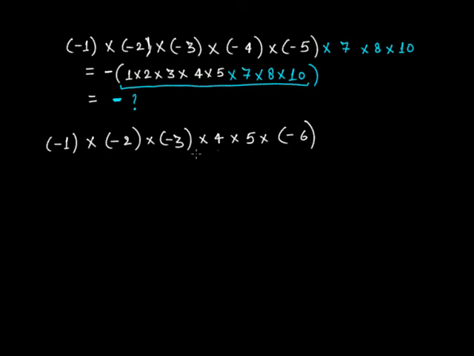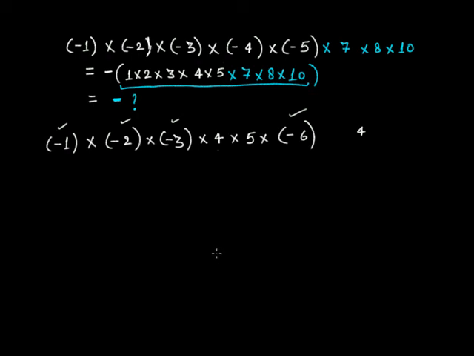What will decide is how many negative integers you have in your multiplication. So in this case you have 1, 2, 3, and 4 negative integers. Since you have 4 negative integers and 4 is an even number, and we know that if you have even numbers of negative integers in your multiplication, then your answer will not contain a minus sign.